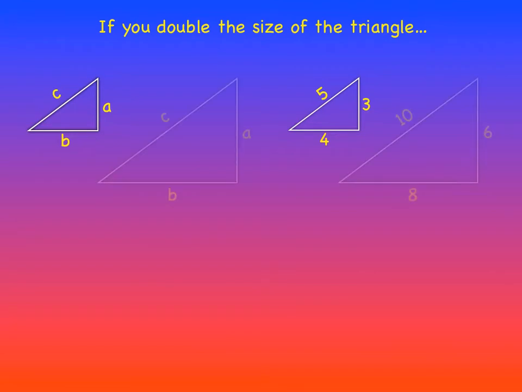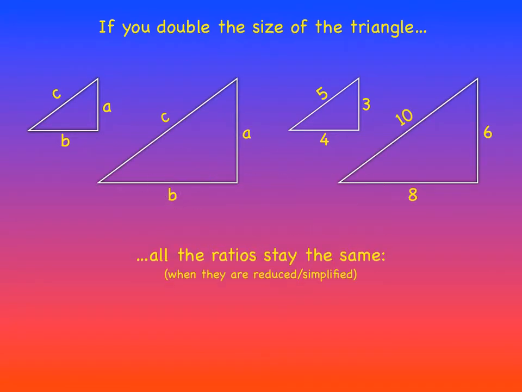If you double the size of the triangle, all the ratios stay the same when they're reduced or simplified. For example, the A to B ratio is 6 to 8, but that equals 3 to 4. The A to C ratio is 6 to 10, but that equals 3 to 5. The B to C ratio is 8 to 10, but that reduces to 4 to 5.